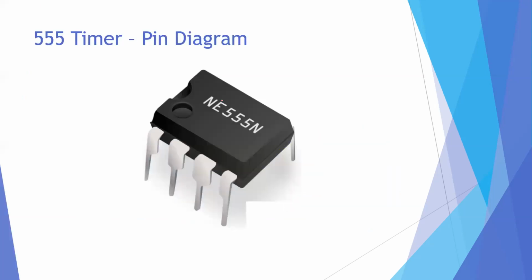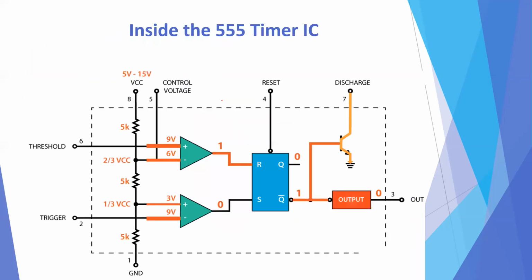This is a sample pin diagram of a 555 timer. Now we will see the internal architecture and its explanation. This is the inside of a 555 timer. This part is acting as a voltage divider, which consists of three identical resistors with a value of 5 kilo ohm.